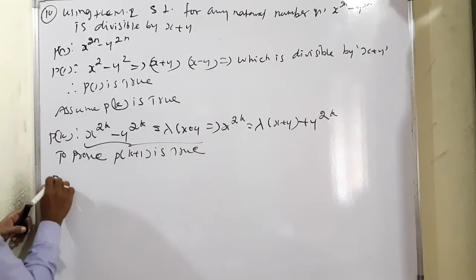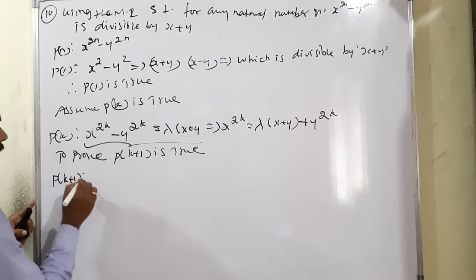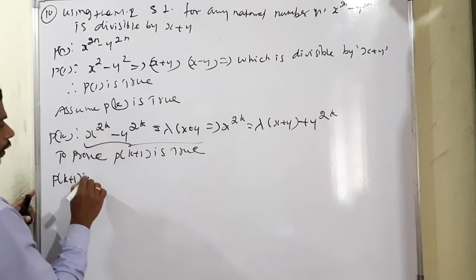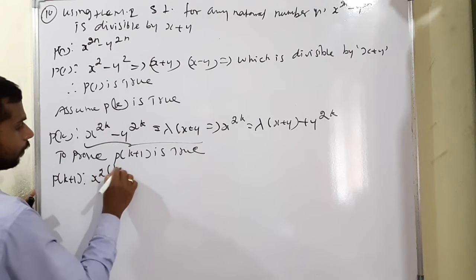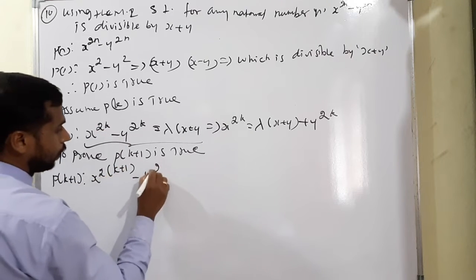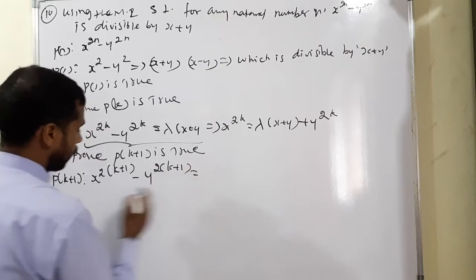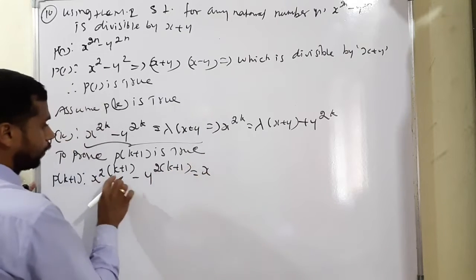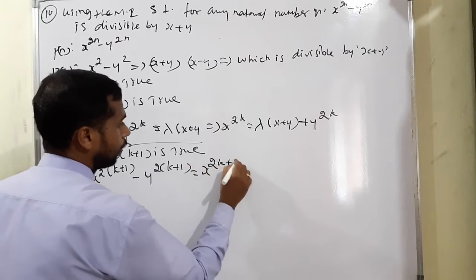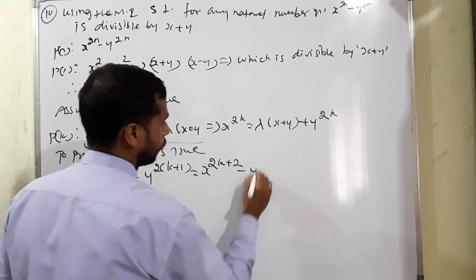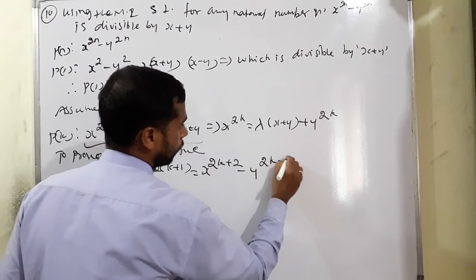So P of k + 1 means, instead of k we write x to the power 2(k + 1) minus y to the power 2(k + 1). So now if you remove the bracket, 2 into k, so 2k + 2, then minus y to the power 2k + 2.